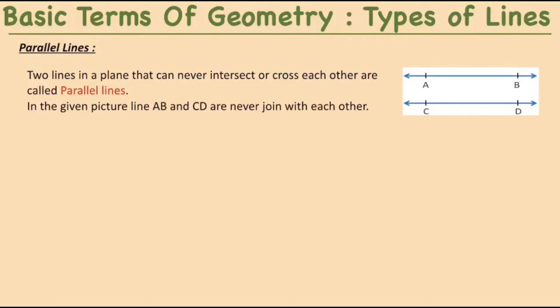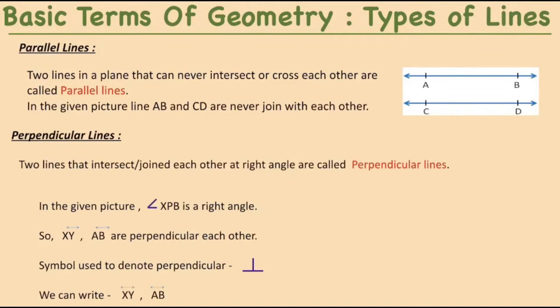Now you will learn about parallel lines. Two lines in a plane that never intersect or cross each other are called parallel lines. In this picture you are seeing line AB and line CD. If we extend these lines, they never cross at any place.